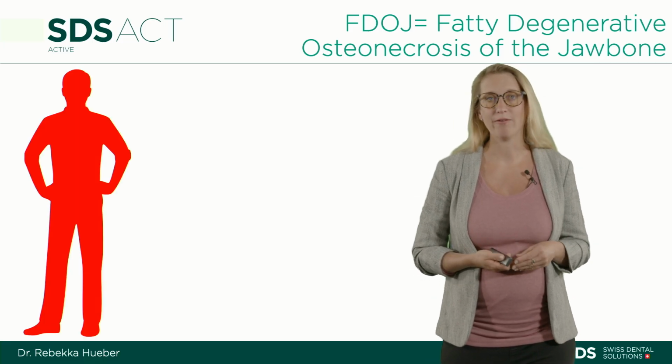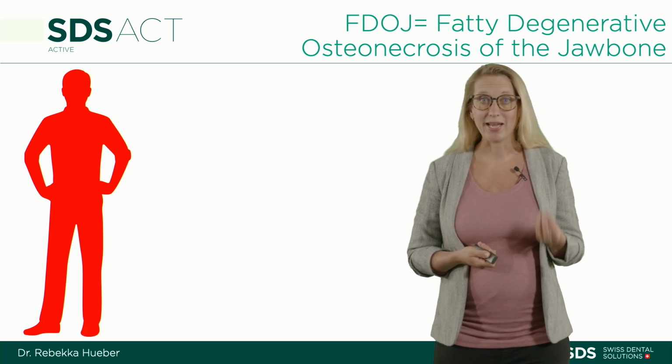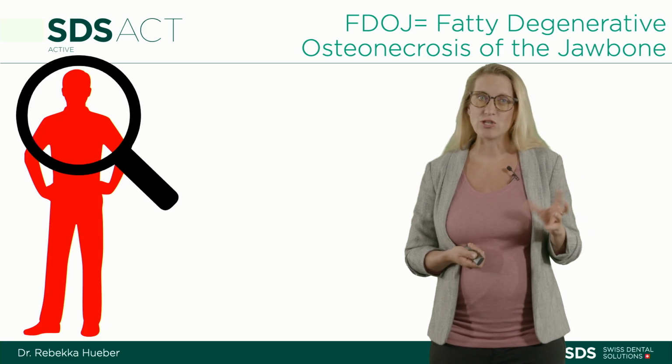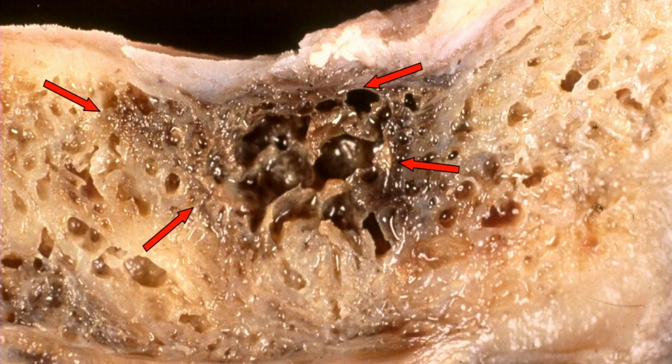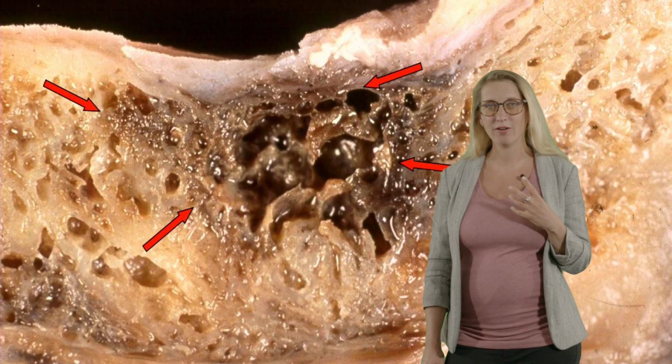The problem with the FDOJ is the systemic effects that it has, the negative effects on our systemic health, that I will explain shortly. Here you see a histological picture of an FDOJ. It was from a patient that had trigeminal neuralgia all his life and suffered a lot.